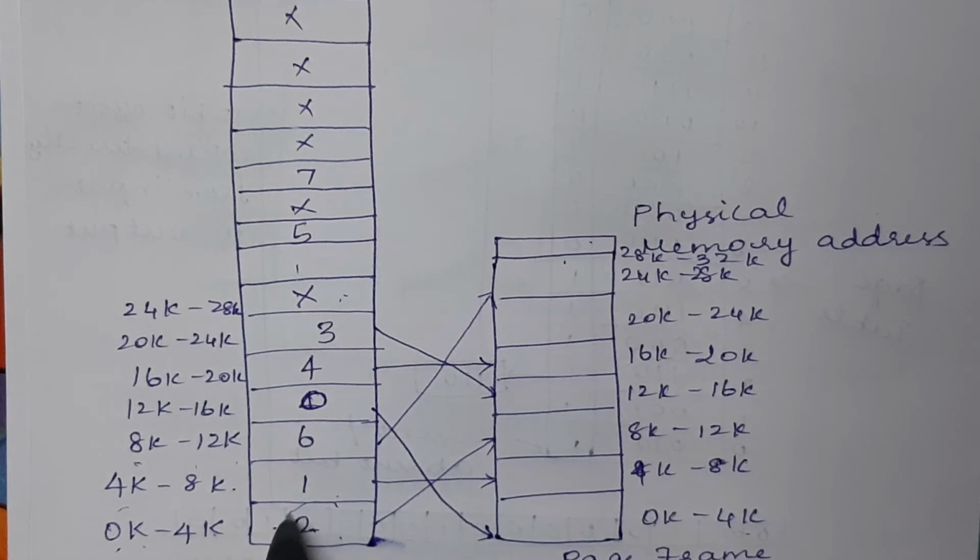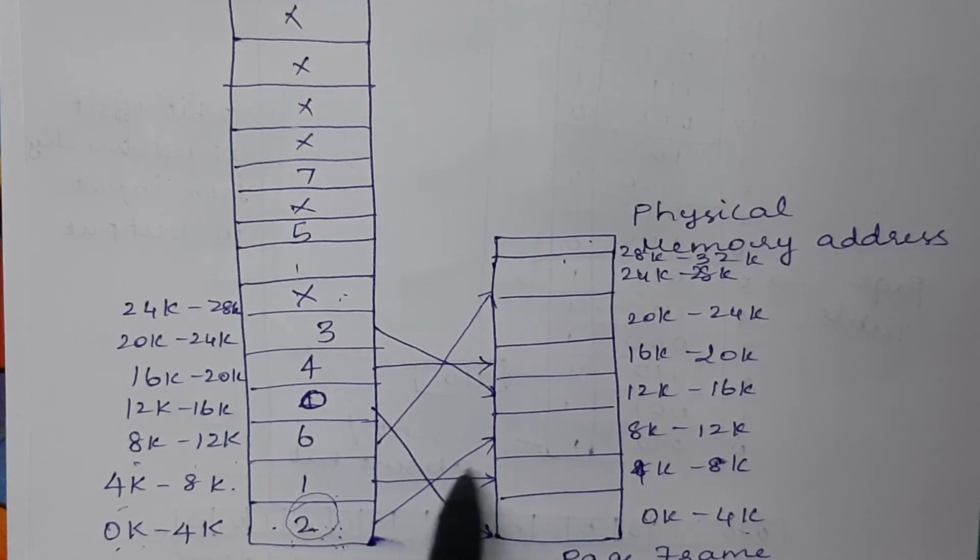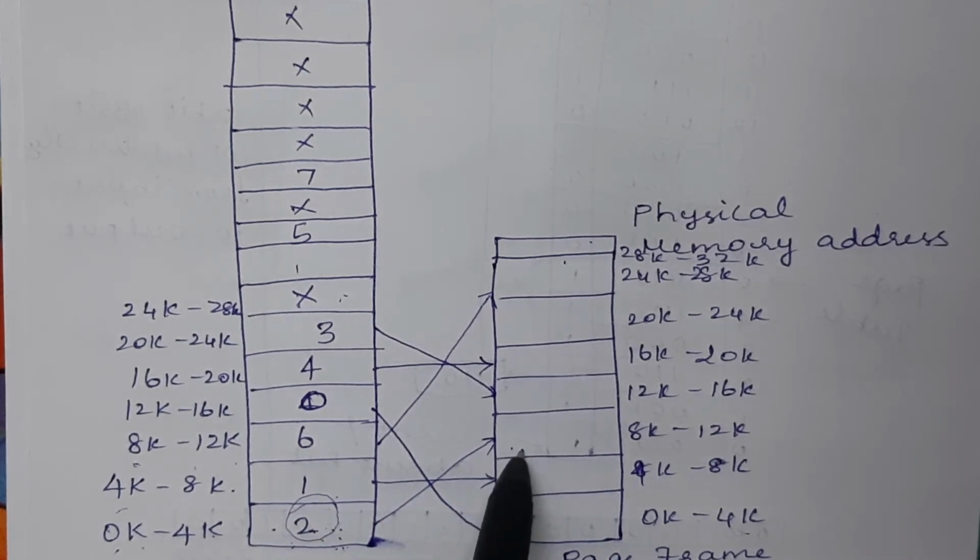Whatever information we have in this page is the frame number. It holds the frame number, and we can get this information with the help of the page table. So the number in the corresponding page is the frame number. So it will access the content which is given in page frame 2, that is, frame 2 in the main memory.